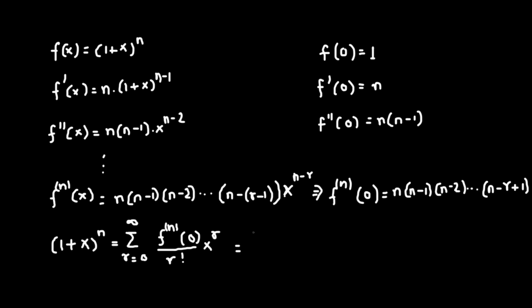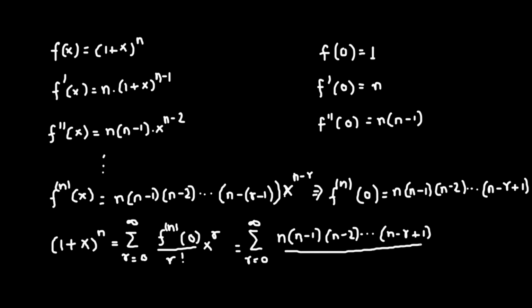And this will be equal to the summation, r equals 0 going to infinity, where we replace the value of the rth derivative of f, which is simply n times n minus 1 times n minus 2 all the way up to n minus r plus 1, divided by r factorial times x raised to the power of r.